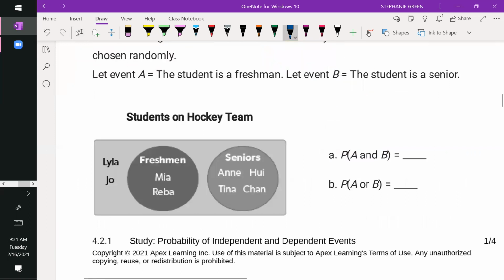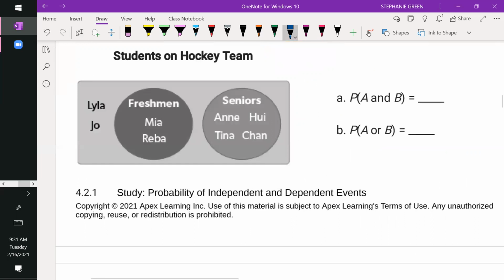So let's look here. We have students on a hockey team. And we can see, based on the Venn diagram, that these are mutually exclusive events because these two circles do not overlap. So the event A and B has a probability of 0. It is impossible for somebody to be a freshman and a senior at the same time.